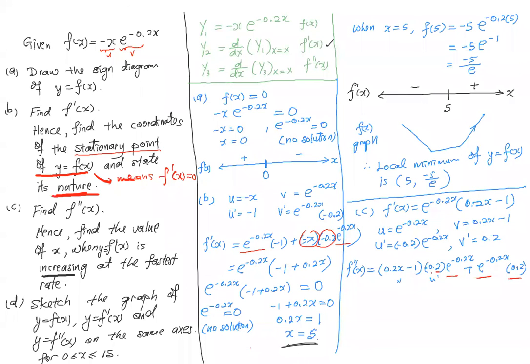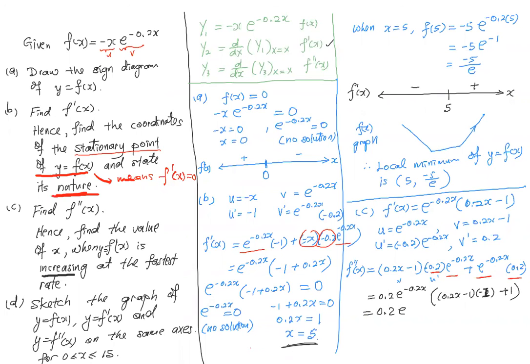I factorize out 0.2 and e to the power negative 0.2x, open bracket, 0.2x minus 1, and here I put negative 0.2, minus 1, because I take out 0.2. So plus 1, close.